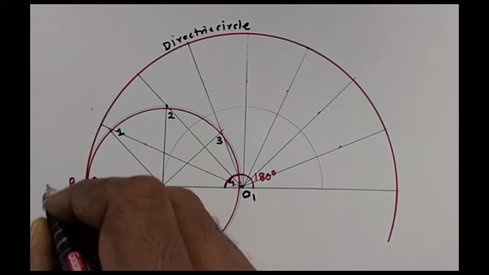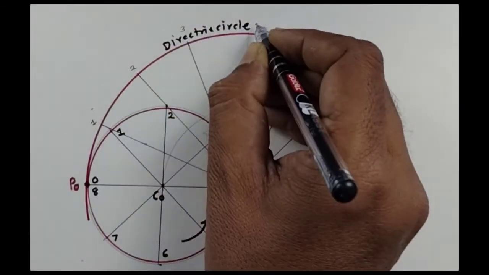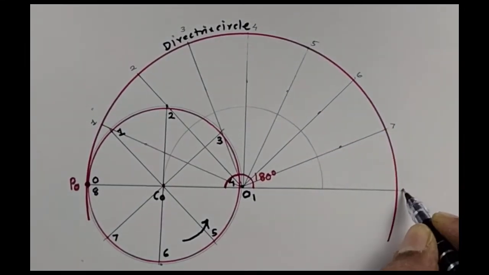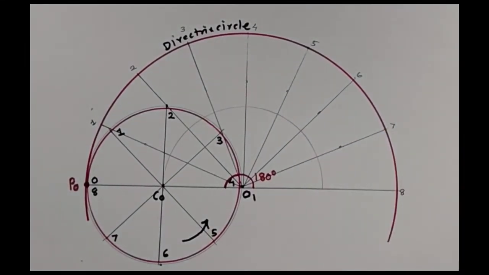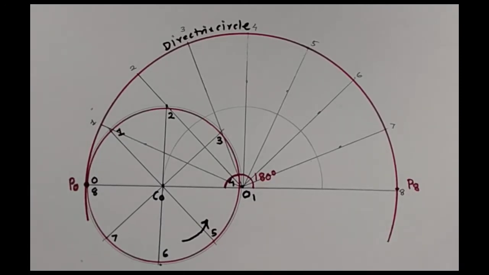I mark the directing circle numbers: 1, 2, 3, 4, 5, 6, 7, 8. And we know at the end of these points there is our P8 position. After completing one revolution of the rolling circle inside the directing circle, your P point retouches the directing circle at the P8 position.